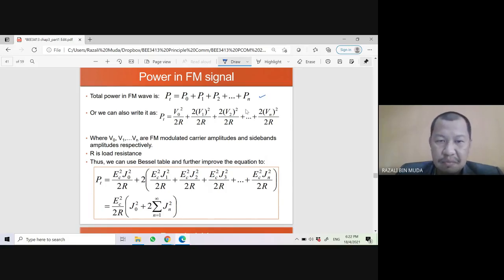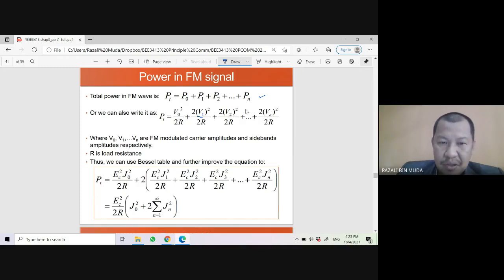We can also write this as PT equal to V0 squared over 2R plus 2 times V1 squared plus V2 squared up to Vn squared, because we have a pair of sidebands, left and right. V1 is the amplitude of the first sideband, which you calculated earlier in the example: the number from the table multiplied by EC, where V0, V1, Vn are the FM modulated carrier amplitude and sideband amplitudes respectively.